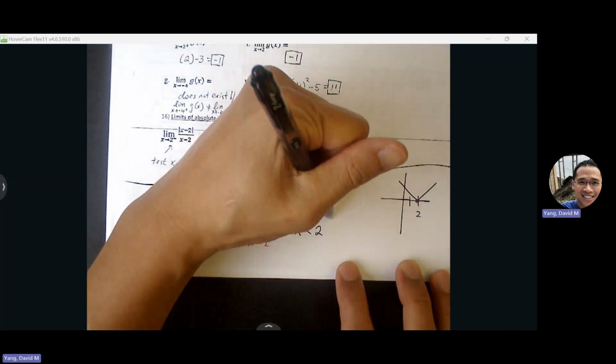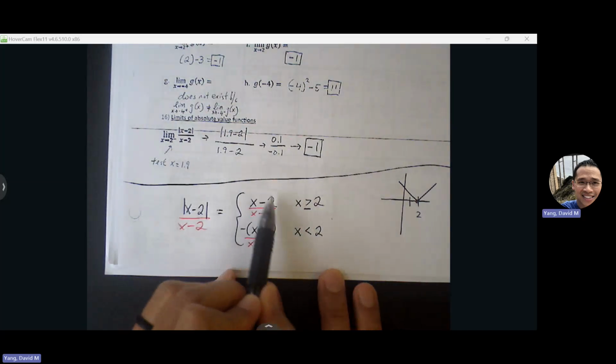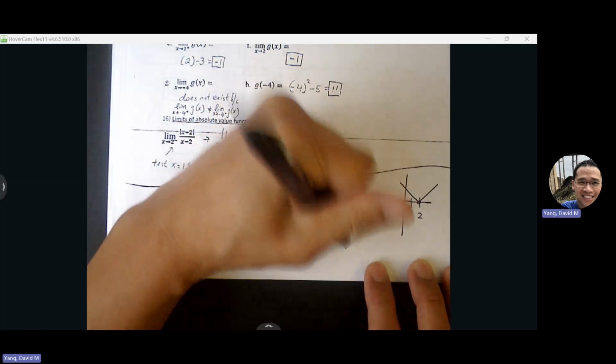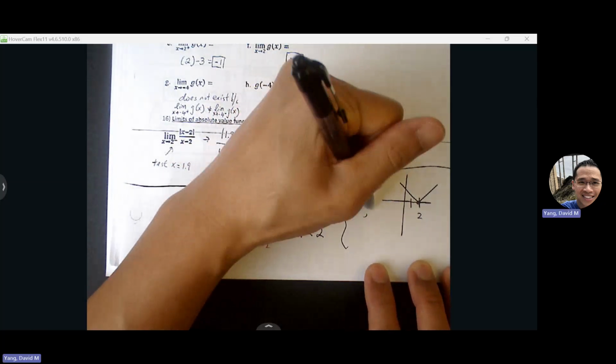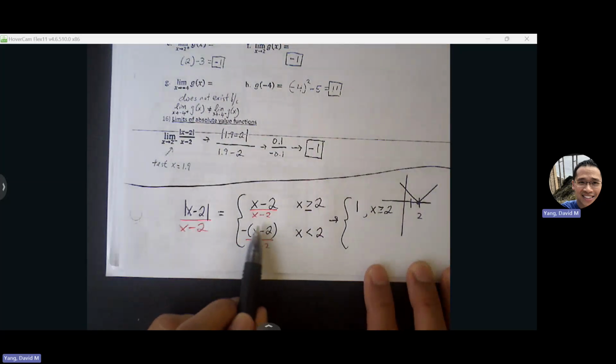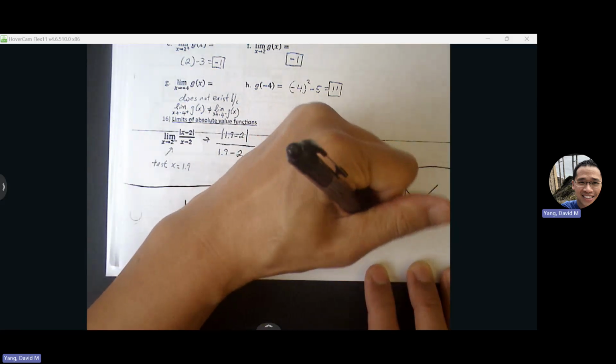Okay, so hang on with me for a second here. If I were to clean this up, what does x minus 2 over x minus 2 turn into? Just 1. Okay, so this is really just 1 to the right of 2. And this cleans up to be what? -1, right? These cancel out, only -1 remains. -1 to the left of 2.